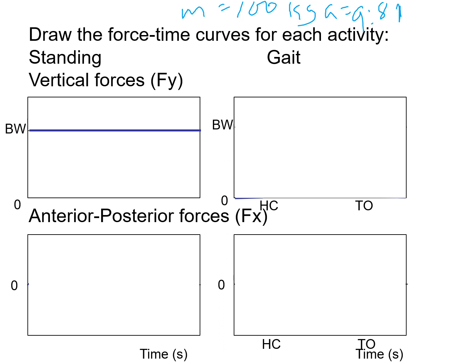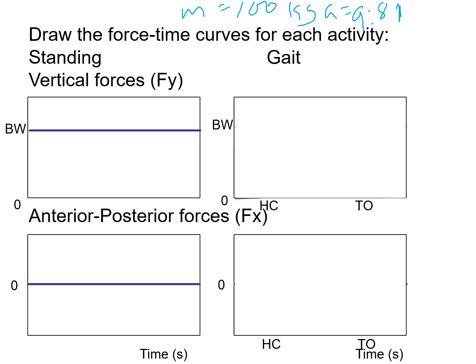So we'd simply say that our body weight of 981 newtons is being applied to the ground, so the ground is applying 981 newtons to us. Same thing with the anterior-posterior direction, or F of x. Because we're not pushing against the ground, we're not pushing in the x direction, it would actually be 0, okay?